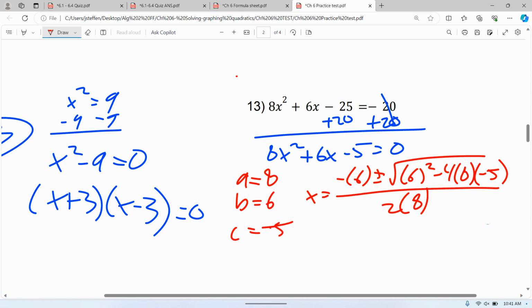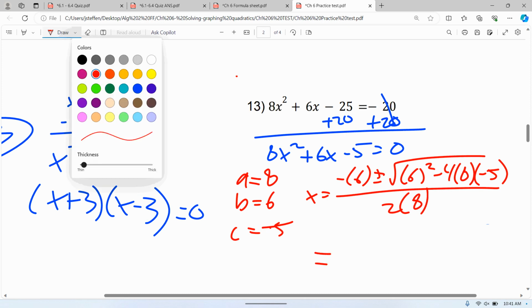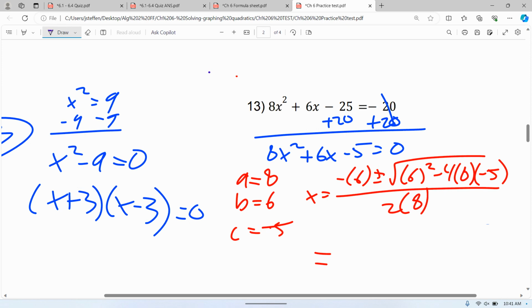That's fine. I'm not super good at that, so I'm going to go step by step. So I have negative 6. In the denominator, I have 16. Then inside my square root, I just typed this in my calculator, parentheses 6 parentheses squared minus 4 parentheses 8 parentheses negative 5 parentheses. I get 196. Now 196, you can't reduce that down at all, and so that is your answer.